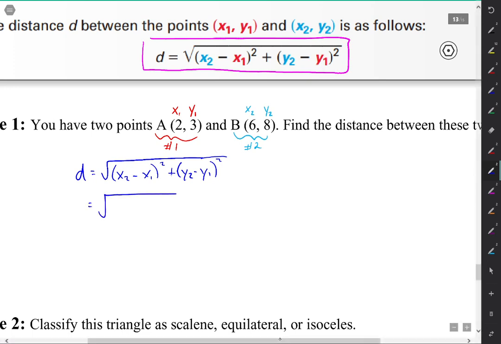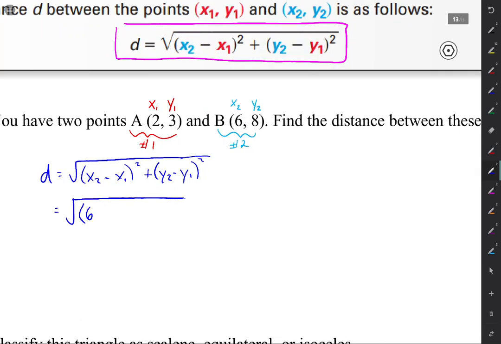Looking at x2, that value we have is 6, and the x1 value we have is 2. So I'm going to do 6 minus 2, and that's all squared. And then plus y2, which is 8, minus y1, which is 3. So 8 minus 3, and that is all squared.